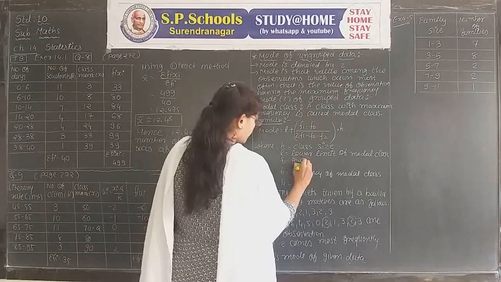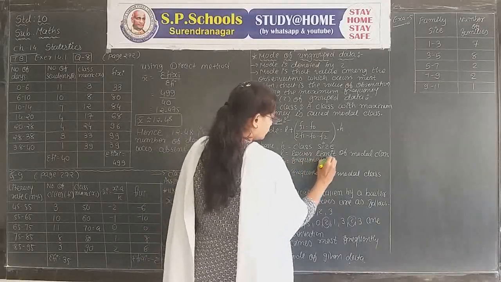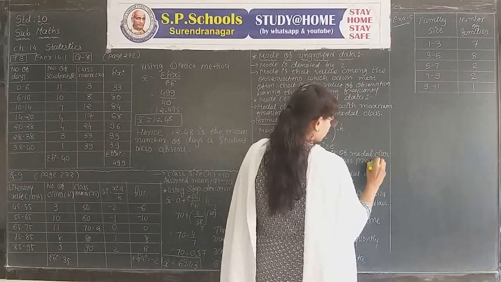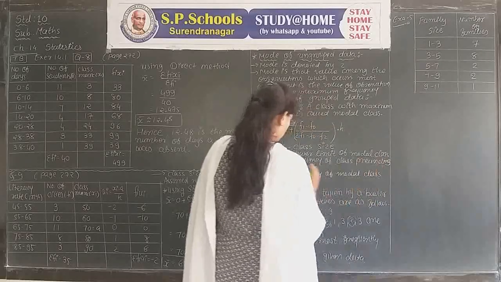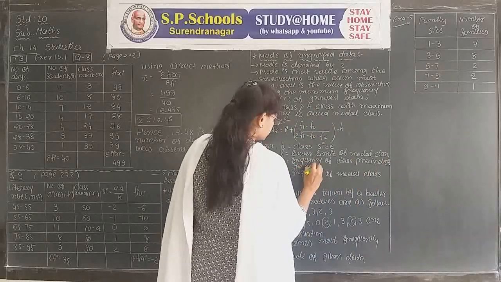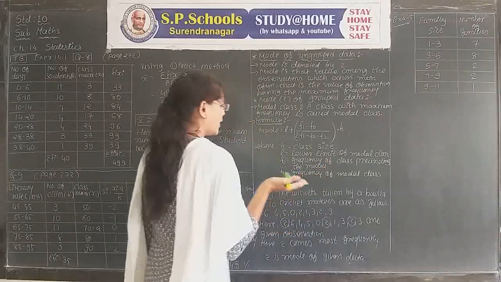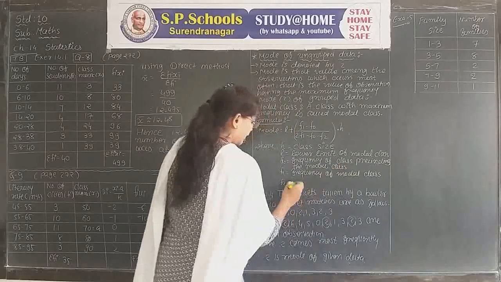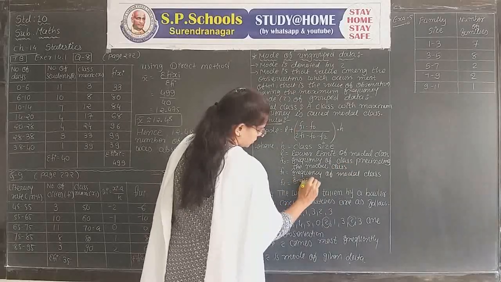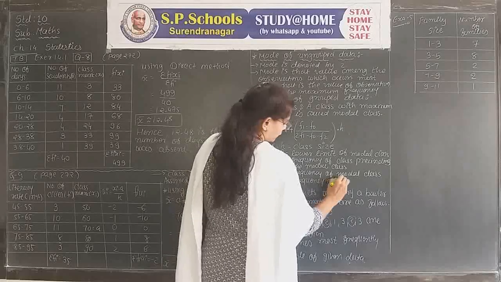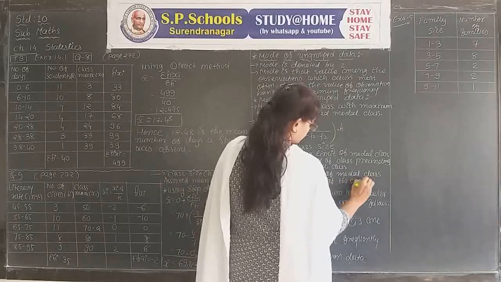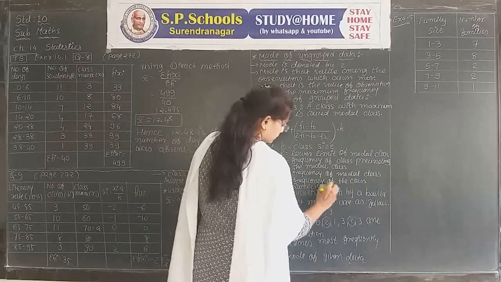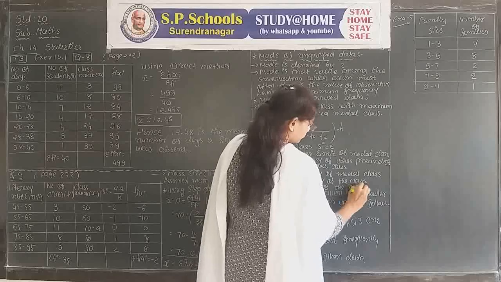F0 is the frequency of the class preceding the modal class, meaning the frequency of the class previous to the modal class, and F2 is the frequency of the class succeeding the modal class.